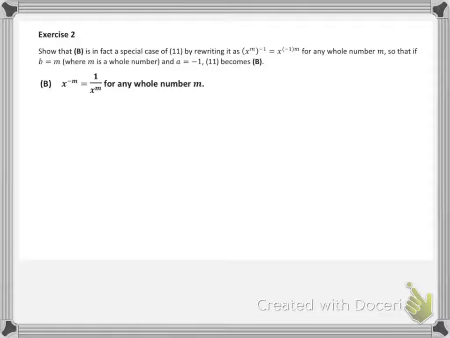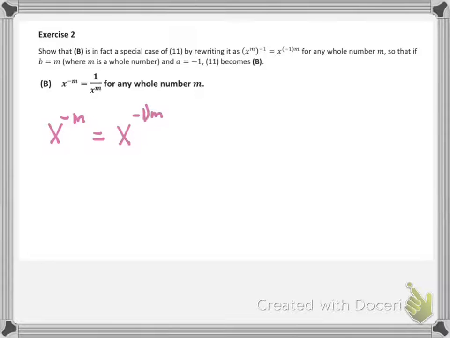We have x to the negative m is equal to 1 over x to the m. Let's look at the left side first, x to the negative m. X to the negative m is also equal to x to the negative 1 times m.